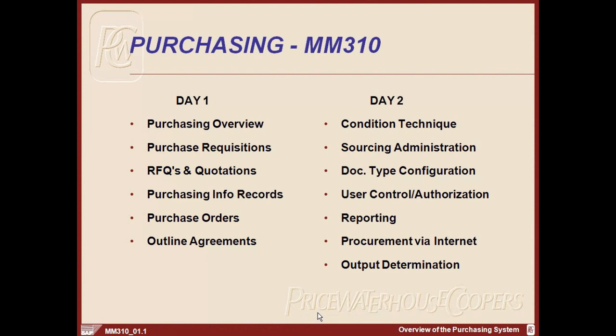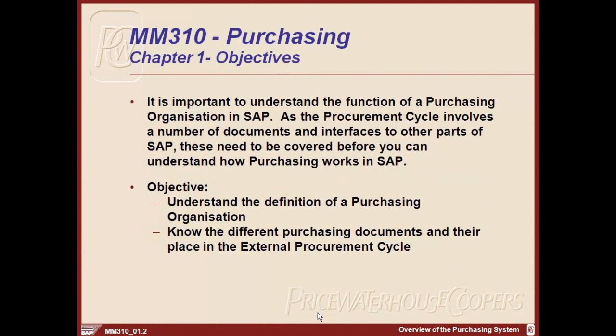We will discuss sourcing administration, and also some user control authorizations. This is for defaulting some purchasing information into the purchasing transactions automatically. Along with it, we will also discuss reporting in purchasing and various configurations associated with purchasing.